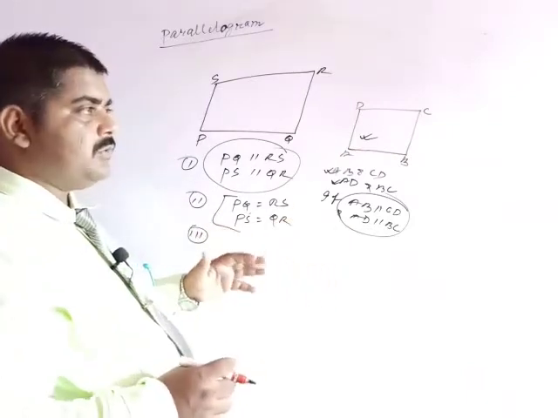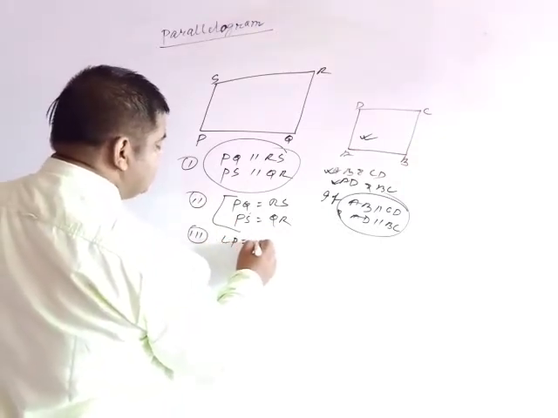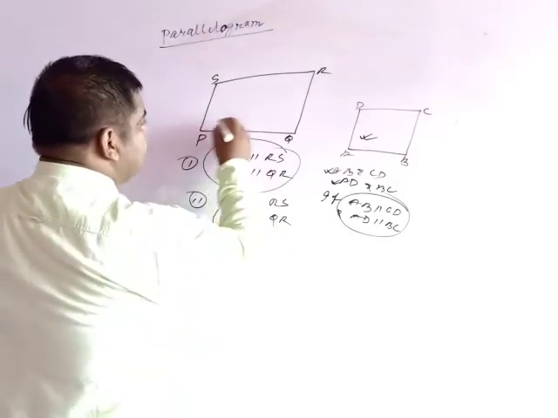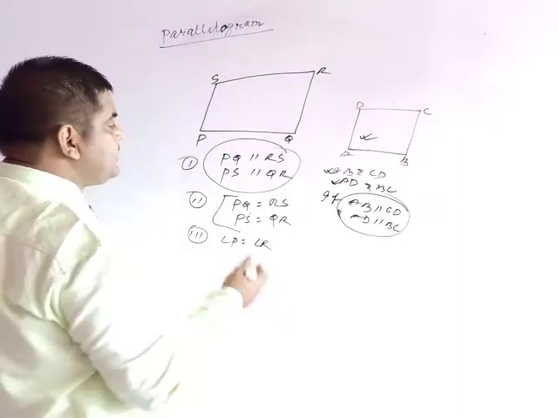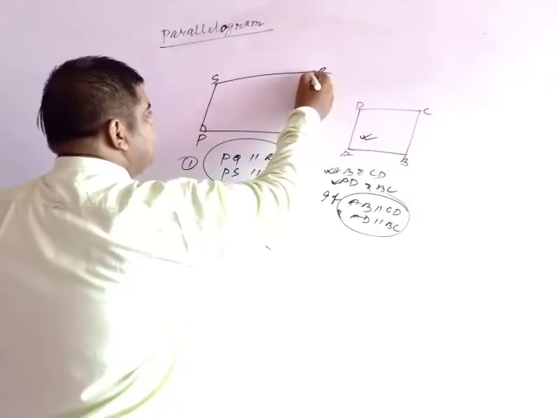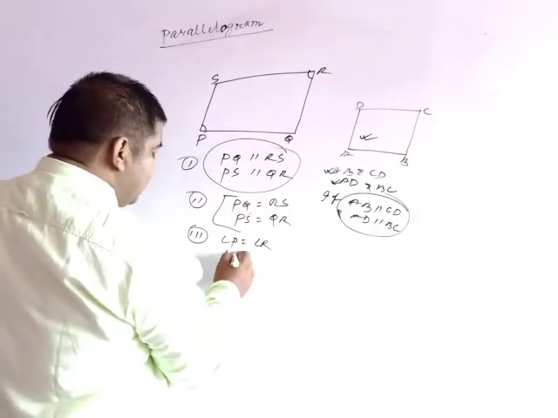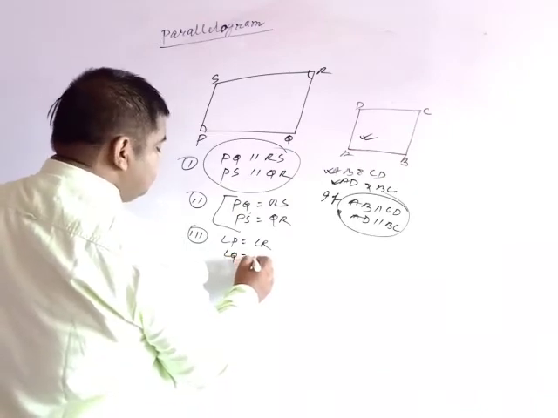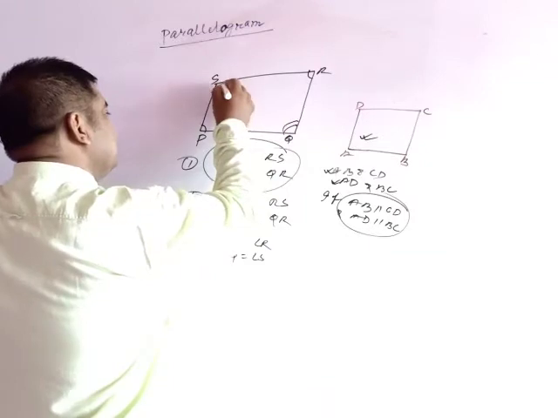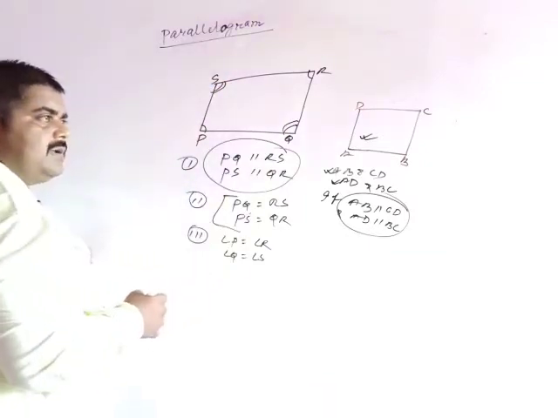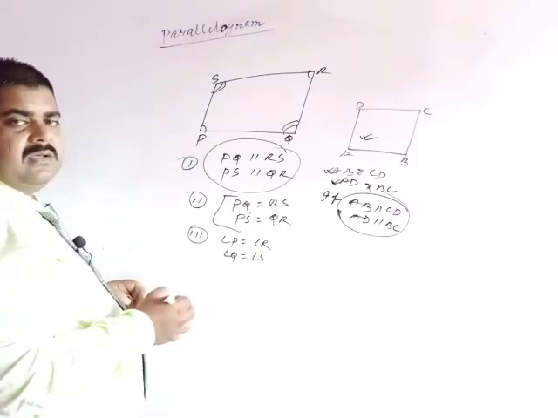So angle P is equal to angle R, because P and R are non-adjacent or opposite angles, and angle Q is equal to angle S. So three different characteristics you have just memorized.